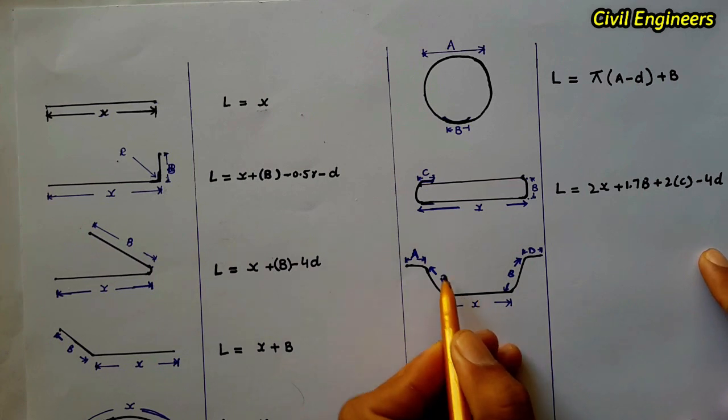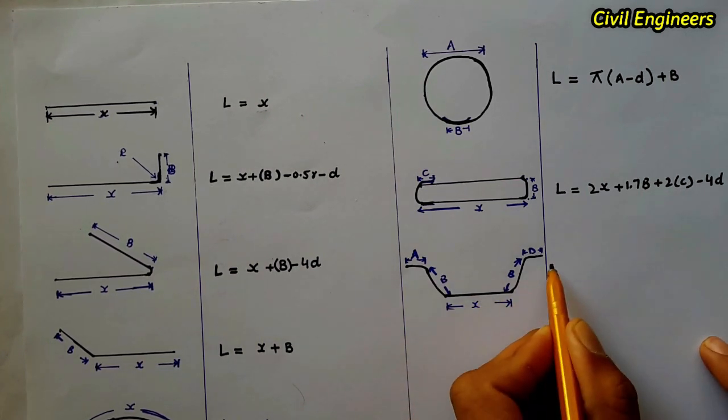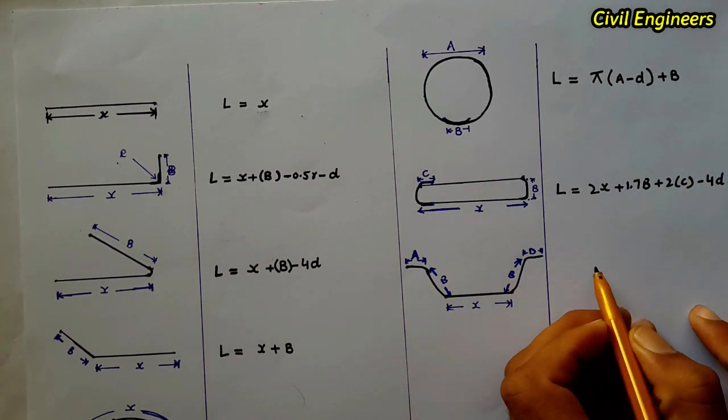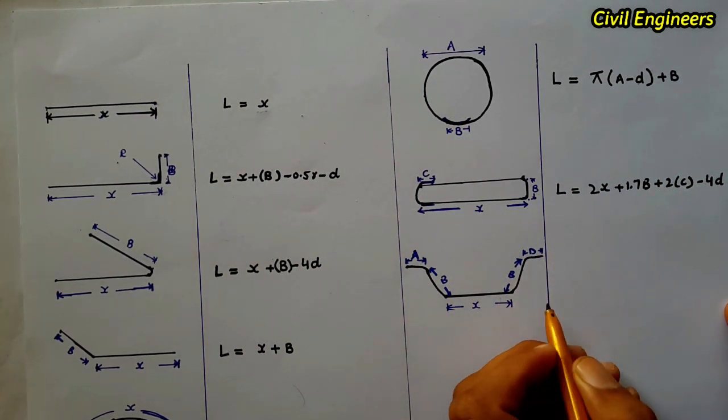So this one is the last one. How can we find out the cutting length for the last shape? We can simply use the formula for this.